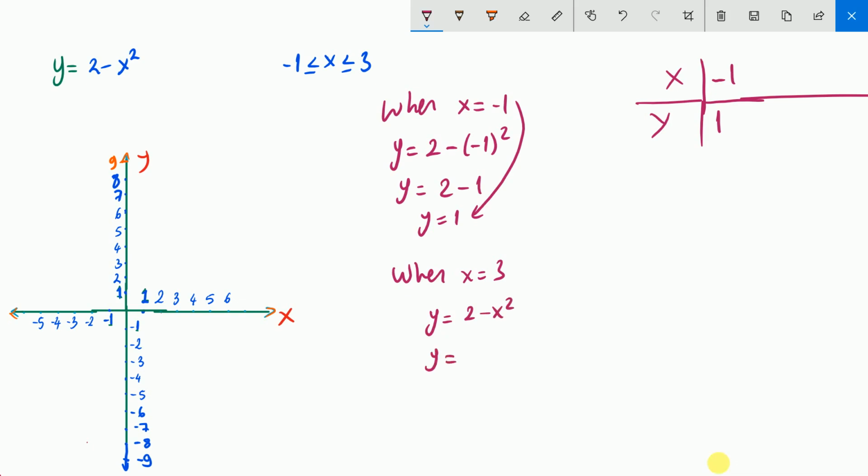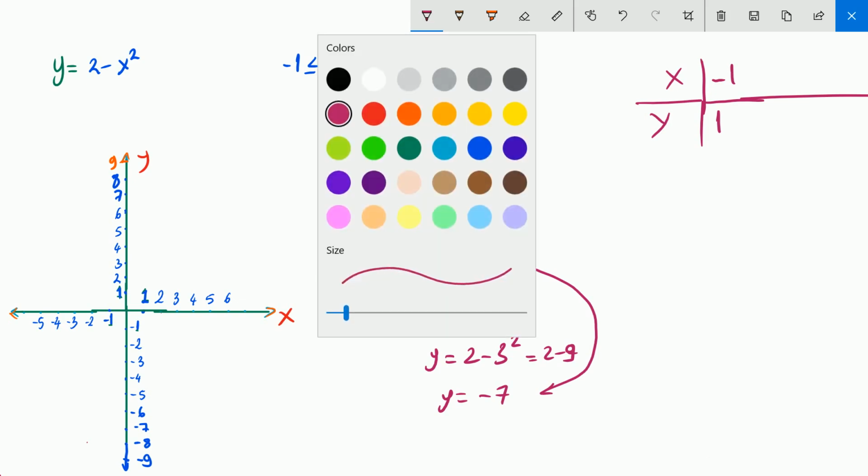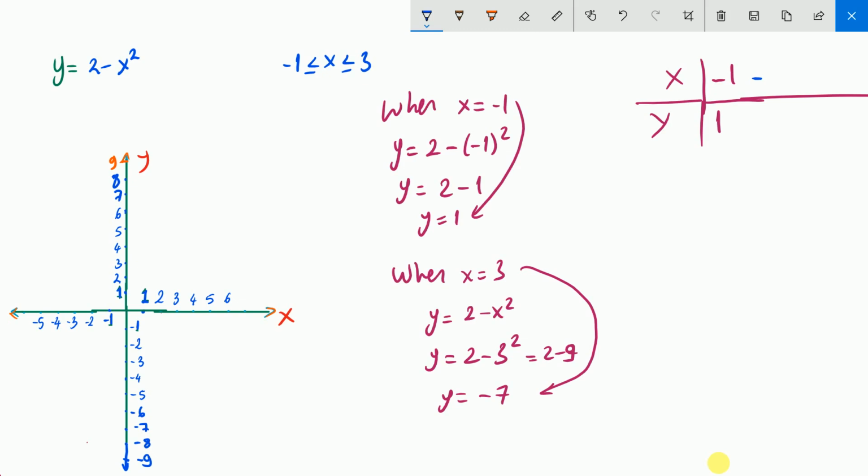So y will be 2 minus 3 squared. 3 squared is 9. 2 minus 9 is -7. So when x is 3, y is -7.